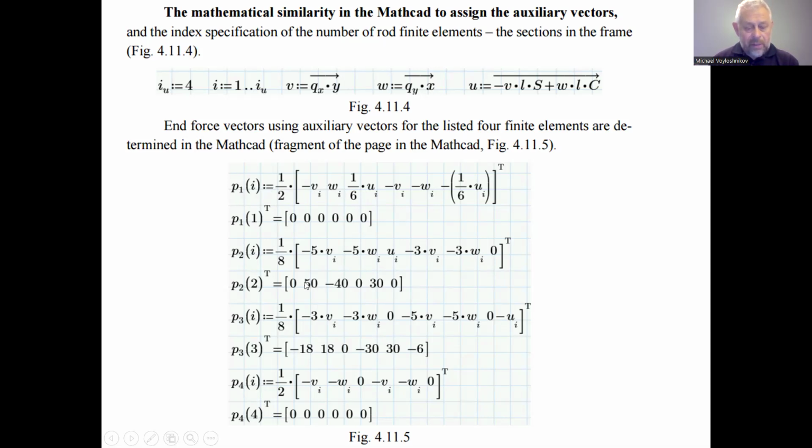We have 6 elements, 1, 2, 3, 4, 5, 6, acting in the vector of the support reaction and action of distributed load in the mechanical system.